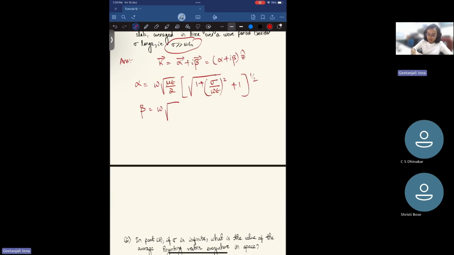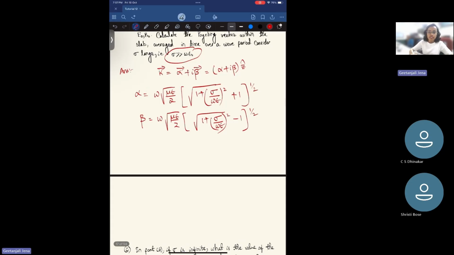It is quite similar to the alpha, only the sign inside the square root is different. Here we have minus. And it is also given sigma is much greater than omega epsilon. So we can take this as the dominating factor in the square root.